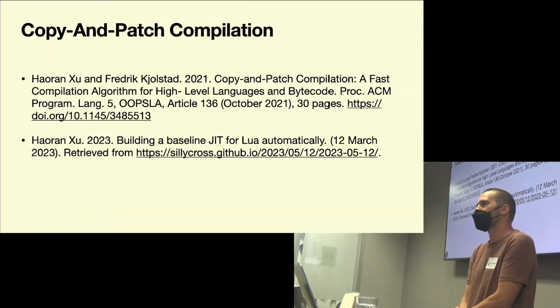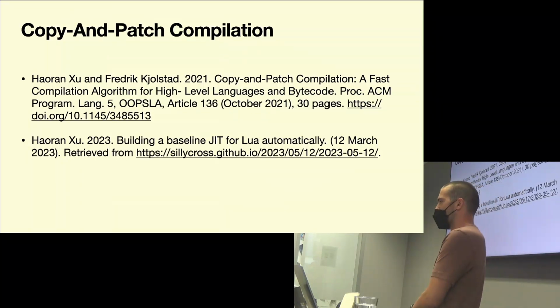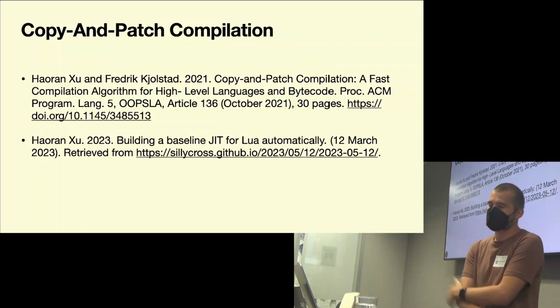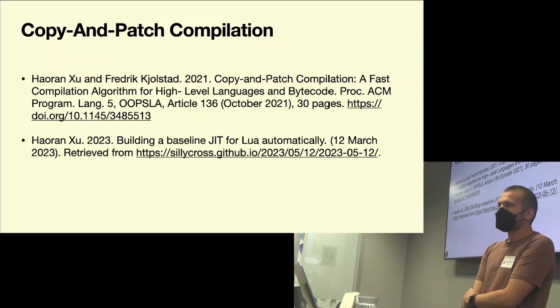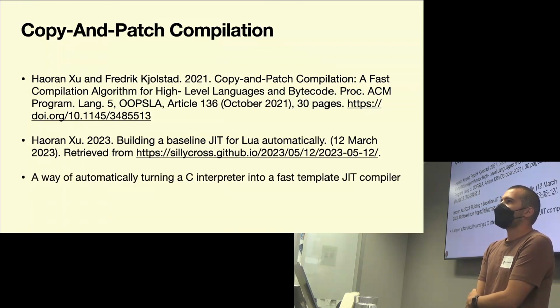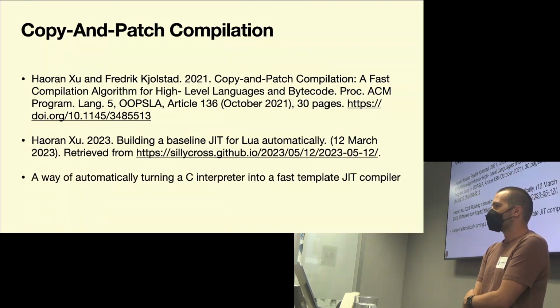There's a blog post called Building a Baseline JIT for Lua Automatically. This is by the same author as the paper, and I've actually spoken with him on a couple occasions. Basically, this is a way of turning a C interpreter into a fast template JIT compiler.